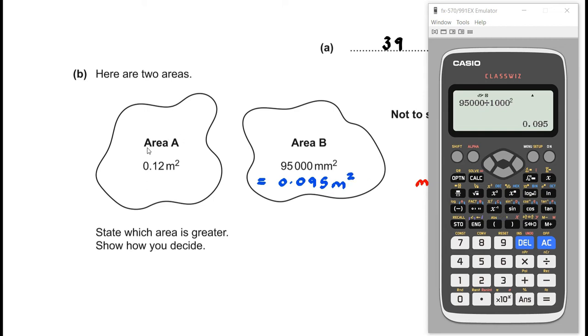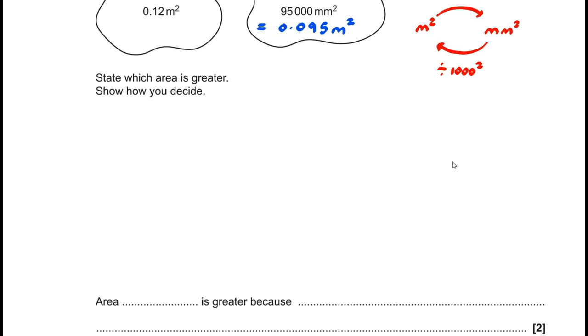So which one is bigger, A or B? Well, clearly A is greater. And the reason for this is the 0.12 is greater than 0.095.